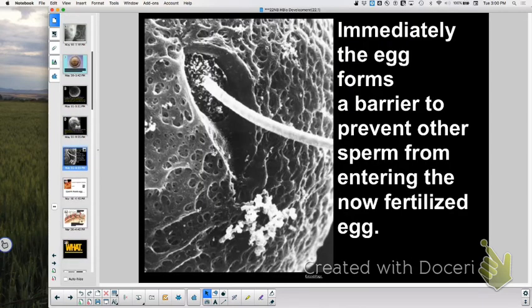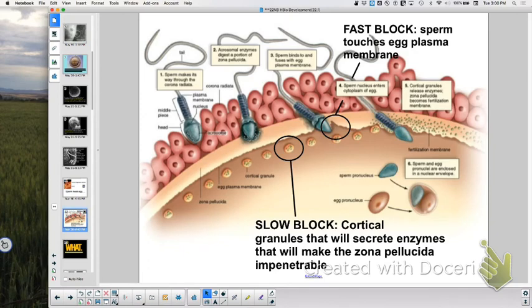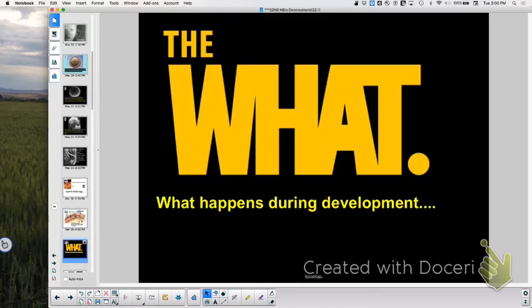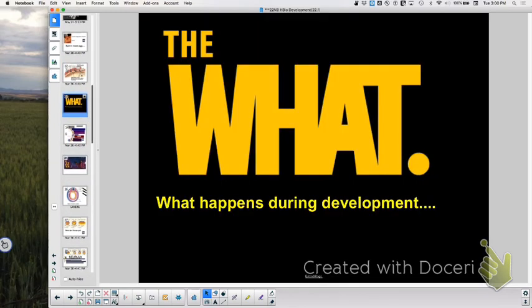And we talked about how right away, as soon as the sperm nucleus comes in contact with the cell membrane, when the sperm membrane comes in contact with the cell membrane of the egg, there's a fast block so no other sperm can get in, because otherwise mutant Ninja Turtle, right? And then there's a slow block afterwards. Okay? Then we broke down the whole discussion into the what and the how.